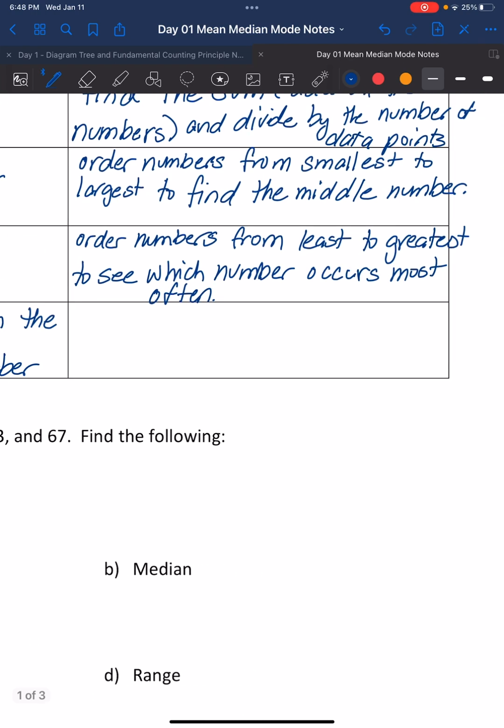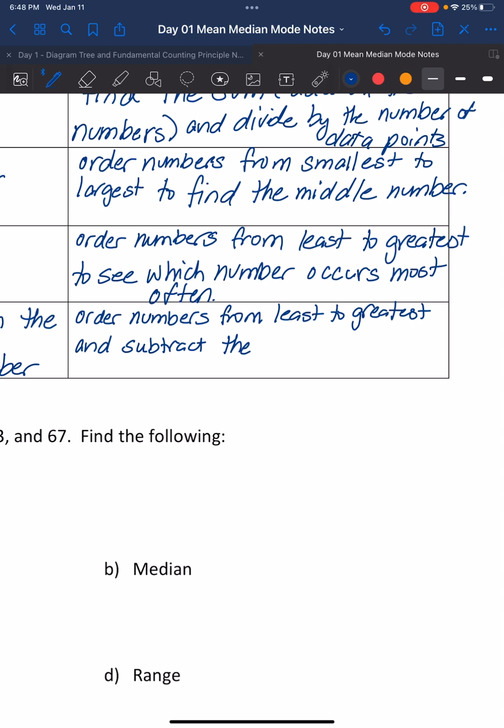Okay, how do you find your range? Again, you're going to order your numbers from least to greatest, from small to large, and difference means subtract the smallest number from the greatest number.